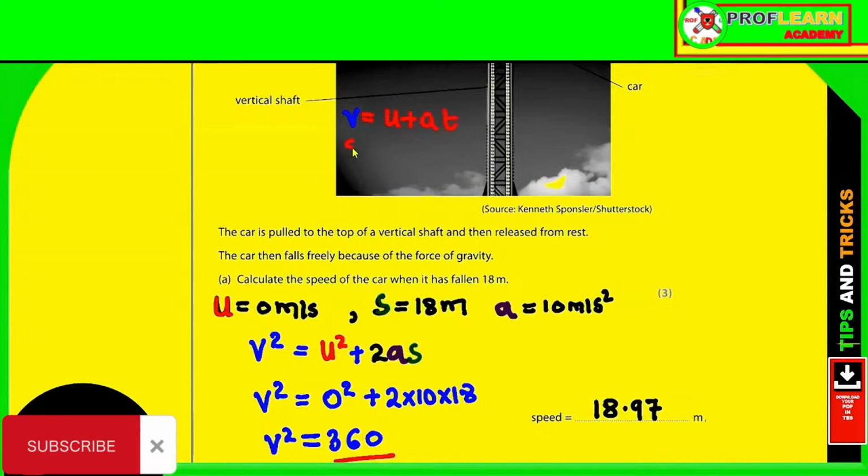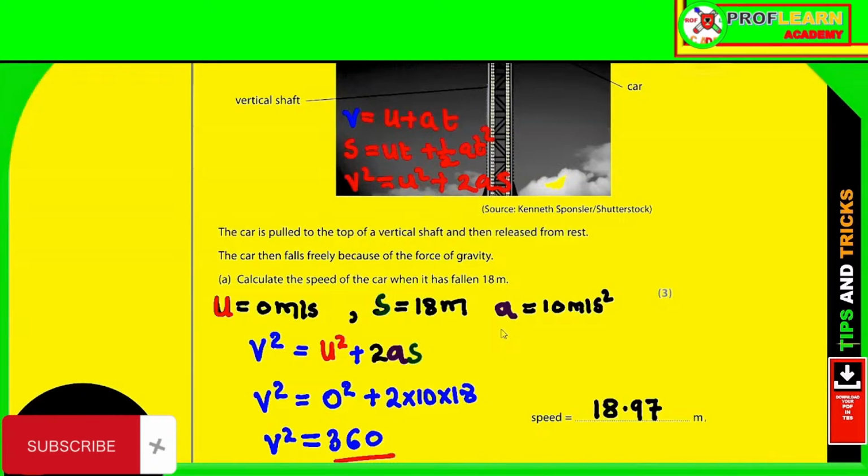Another one is s equals ut plus a half at squared. We also have v squared equals u squared plus 2as. These are the equations of motion we have. When you are given a question, you have to check which one is the most appropriate to enable you to work out the values.